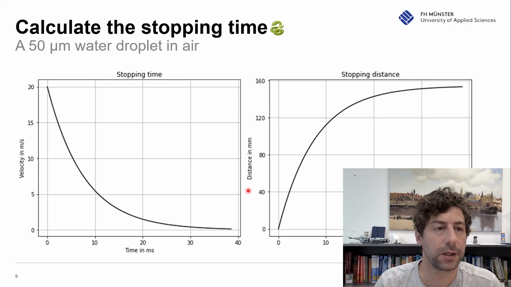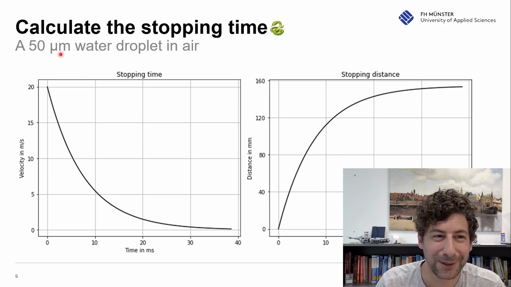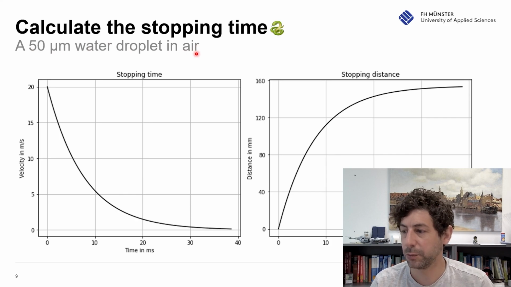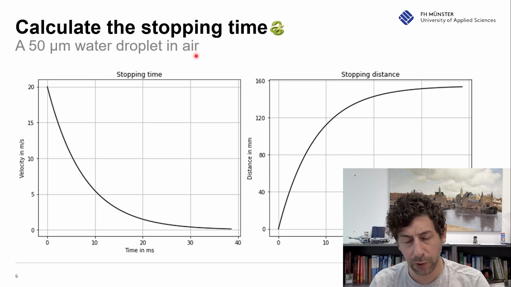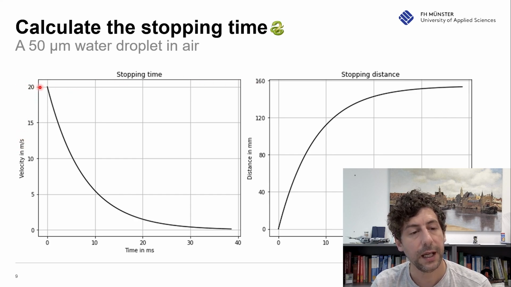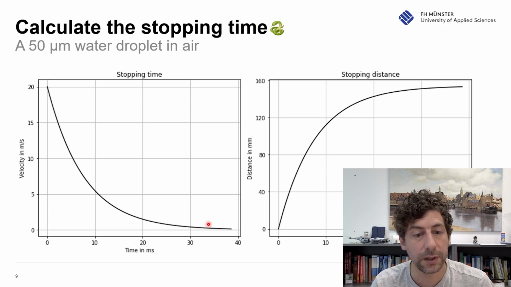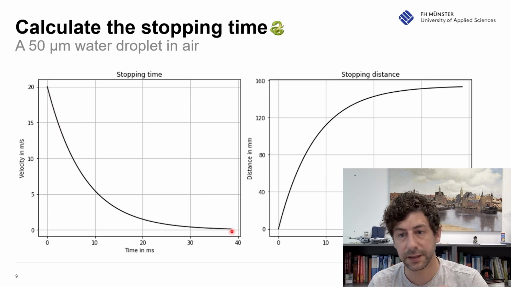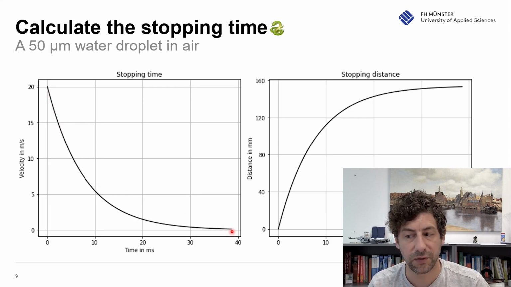And if you calculate this for a 50 micrometer water droplet in air, with a start velocity of 20 meter per second, so quite fast, you will see that extremely fast, after 40 microseconds, the droplet will reach velocity 0.